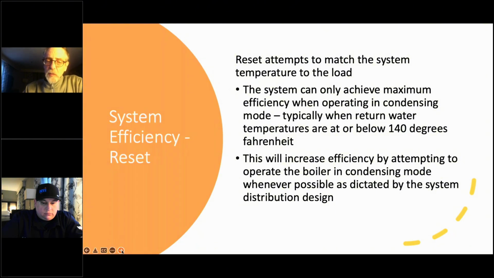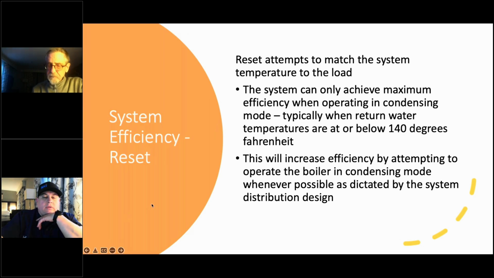So for true efficiency, you've got to have reset, and ideally you're utilizing both. So now you're lowering the BTU output of the boiler to match the reduced load on the building, and you're reducing the temperature of the water going to the system to increase condensing.